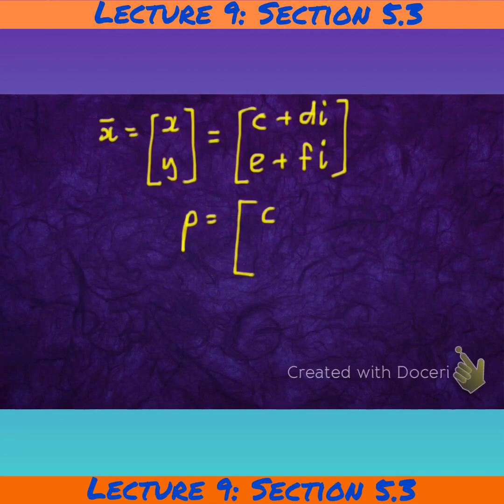So you let your first column and your first row entry be C. Then you let your second row first column entry be E, and then you look at your complex component. So that is the matrix P. That's how you define the matrix P.